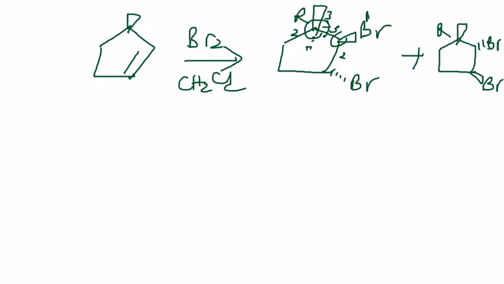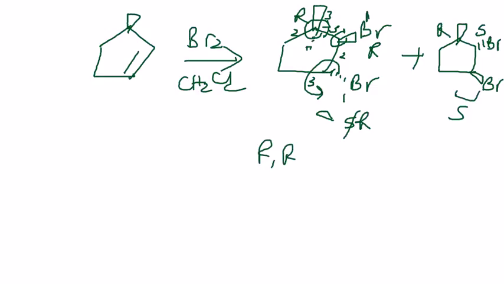Again, 1 to 2 to 3 still sounds like we are going R, and that would mean that the bromine in the other direction here should be S. And now again I'm going to do the same thing. This is 1, this is 2, this is 3. We are going to go anti-clockwise, but the hydrogen is pointing towards us, so S is going to be switched back to R, and that makes this guy S. So my 2 combinations are R,R,R and R,S,S.